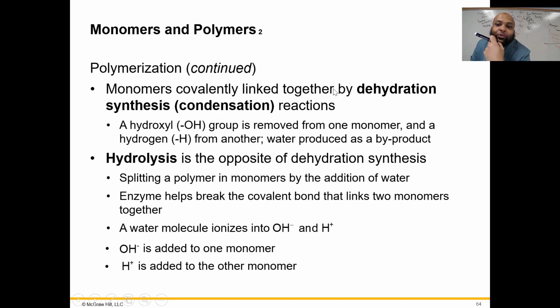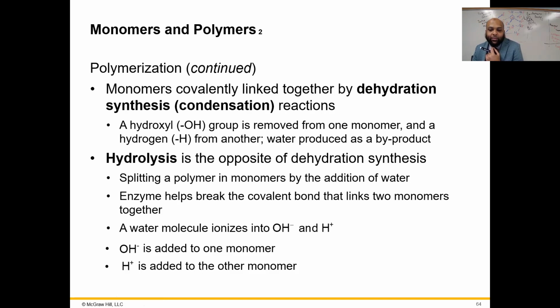So polymerization, as we mentioned here, is done through dehydration, removing of the water, dehydration synthesis. A hydroxyl group OH is removed from one monomer, and hydrogen H is removed from another. So water is produced as a byproduct. Hydrolysis is the opposite of dehydration, and you have the splitting of the polymer into two different monomers by the addition of water.